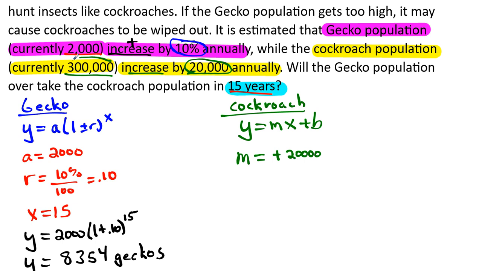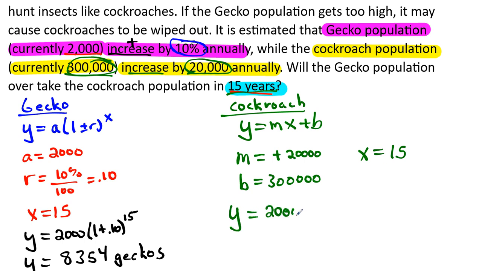Then, of course, what are we starting out at? That was the 300,000, which is our B value. Then, of course, what's our x value? Well, this is our years, and that is being shared, which is 15 years. Let's go ahead and plug our values in. So it'll be 20,000 times 15 plus 300,000.